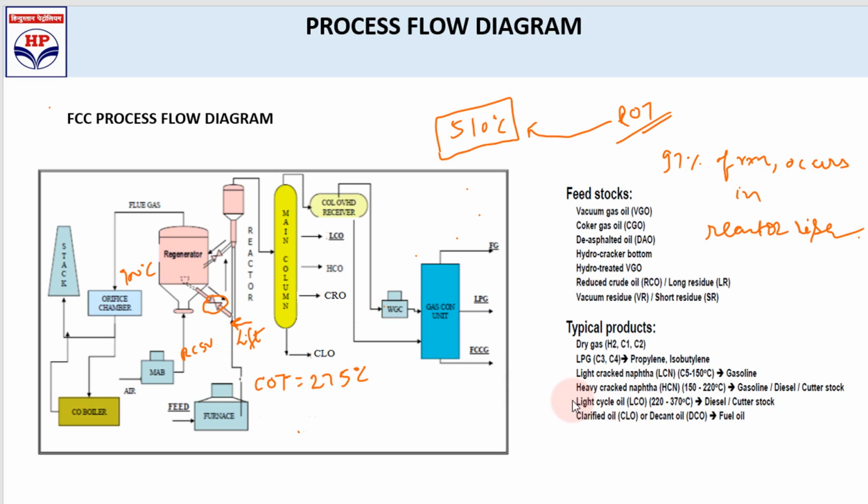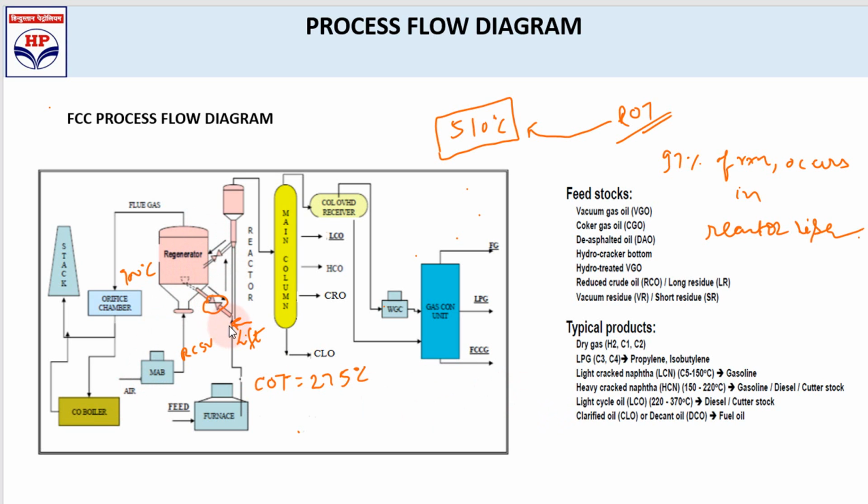So we give atomizing steam, which will be MP steam. The atomizing steam will atomize the feed, which goes through the feed nozzles in atomized form, and once it contacts the catalyst at a higher temperature, cracking starts immediately.